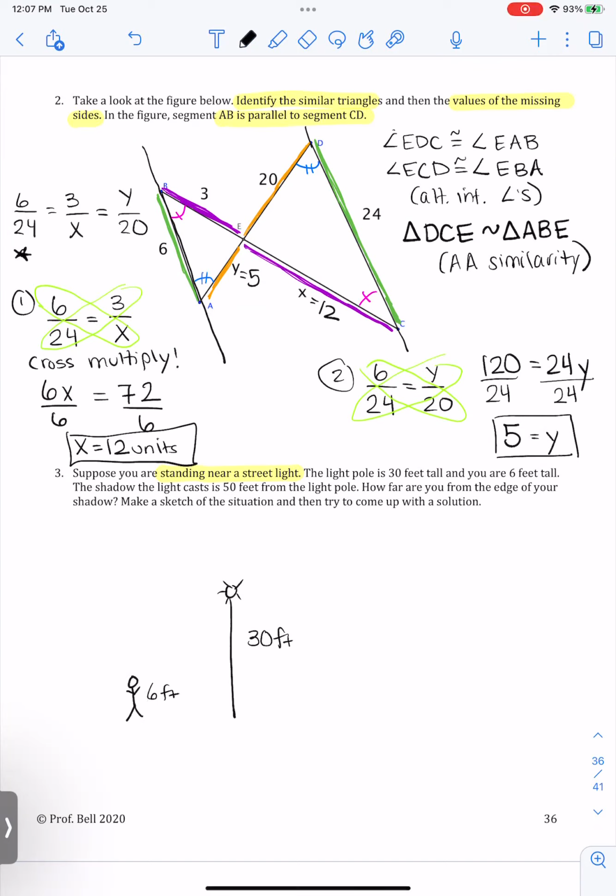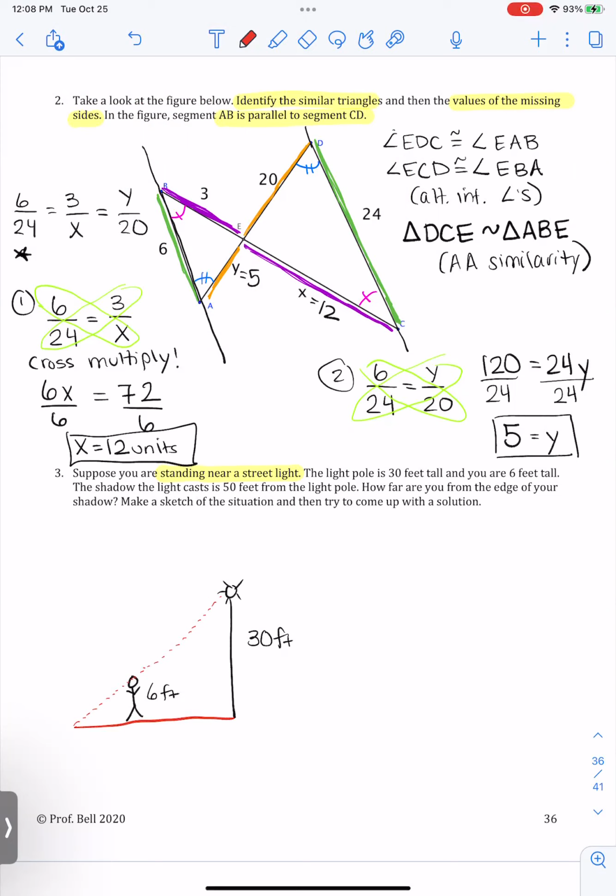The shadow the light casts is 50 feet from the light pole. How far are you from the edge of your shadow? Okay, so this question is a little tricky, but I want to make sure we can draw this picture. The light comes down like this and casts a shadow.